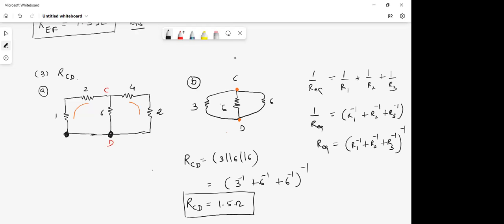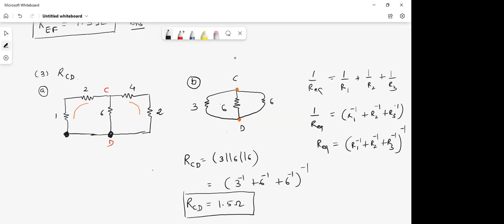Is there any resistance in between? No, sir. So we say these 2 points are shorted. Short, what does it mean? Shorting means though geometrically these 2 points are different, electrically both of them are the same.